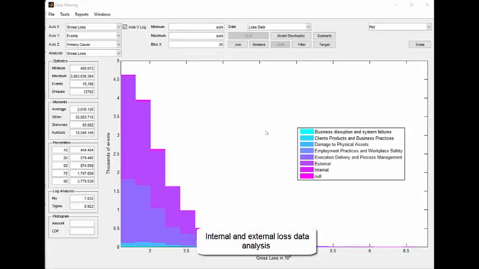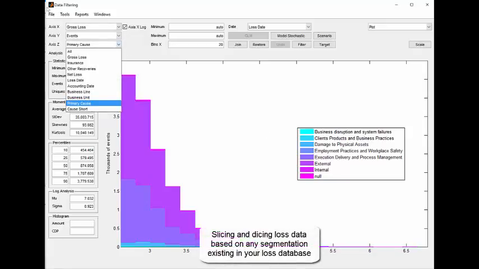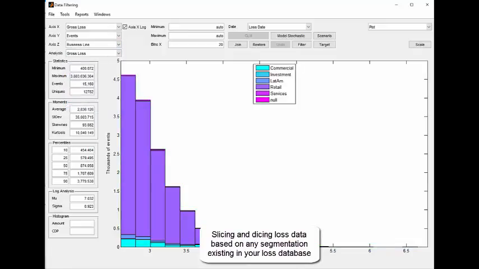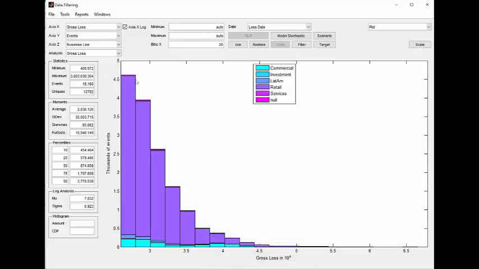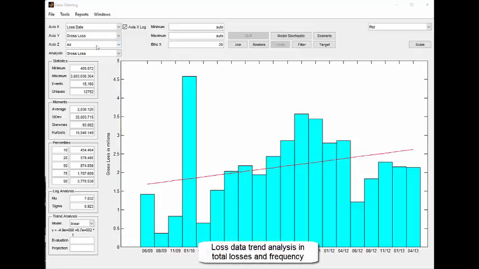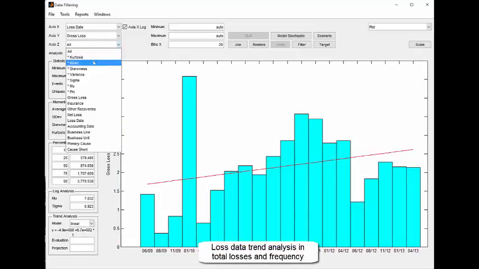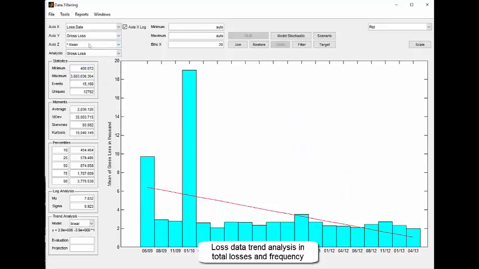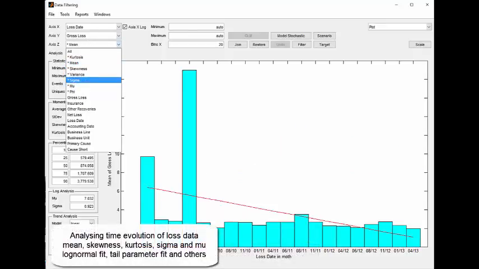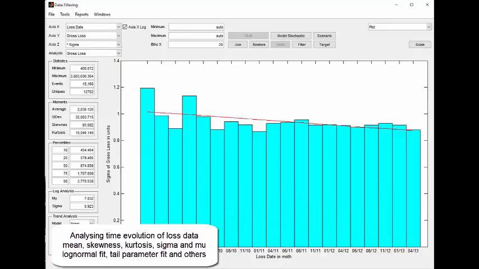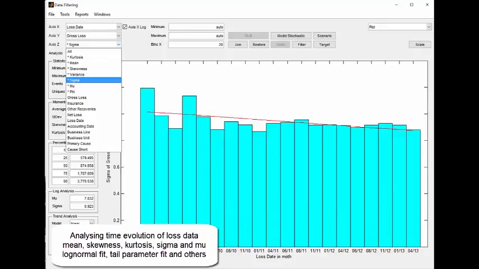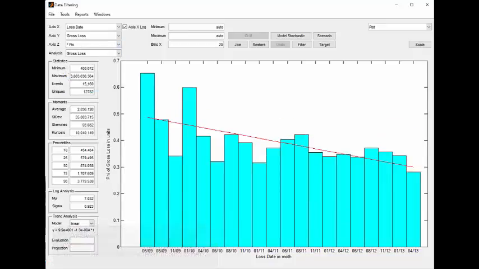Op Capital Analytics permits to slice and dice your data with any criteria or field existing in your database. Here we have it in primary cost, but we can have it in business line or any other criteria. Now we have total losses or mean losses by date, or the sigma parameter of the log normal fit, or the phi parameter of the Pareto fit.